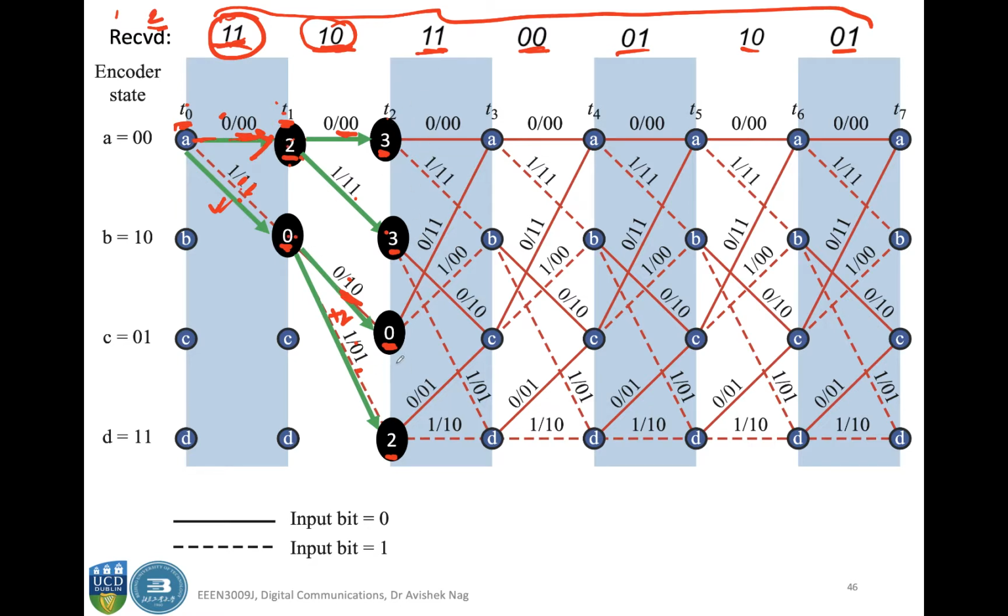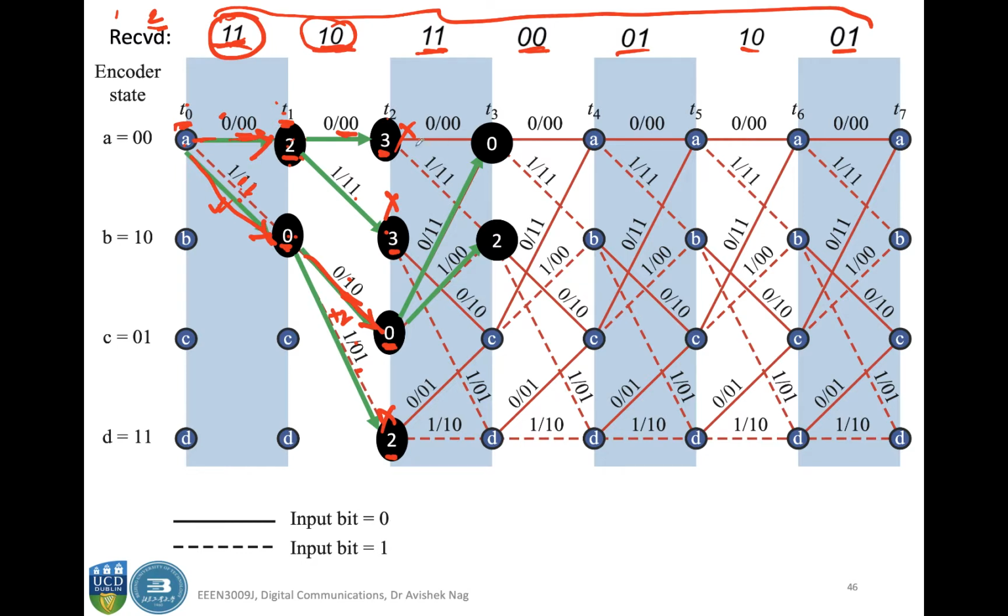This particular path from t0 to t2 has the lowest path length. So basically you will follow this path from now on, and you will discard the other paths, because these paths are longer in length as far as the Hamming distances are concerned.